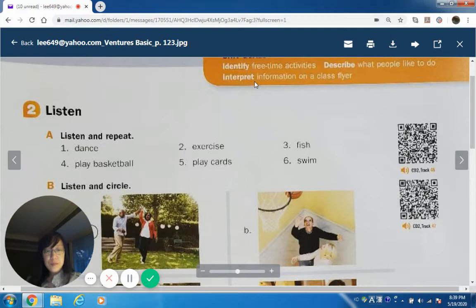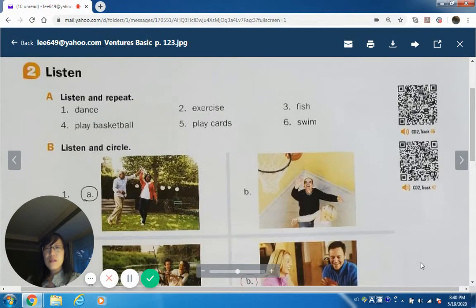Page 123. Lesson A. Exercise 2A. 1. Dance. Dance. 2. Exercise. Exercise. 3. Fish.